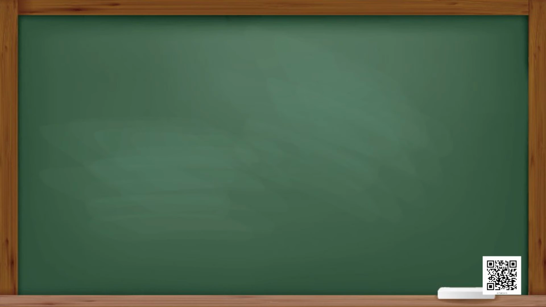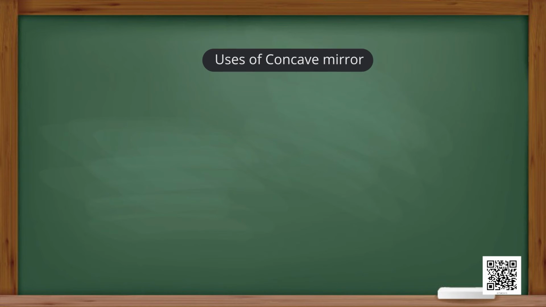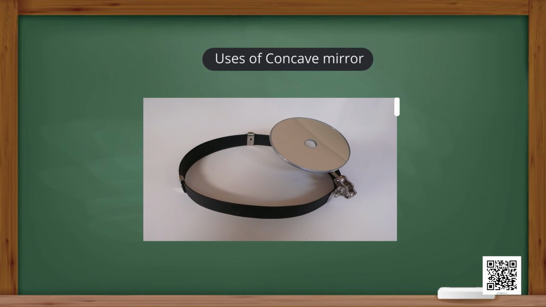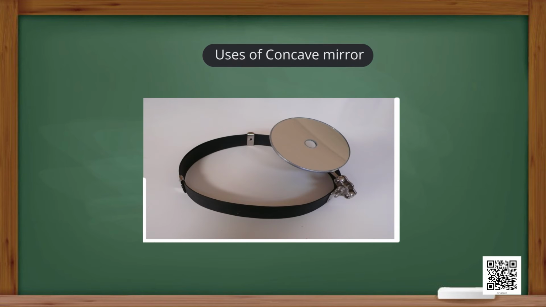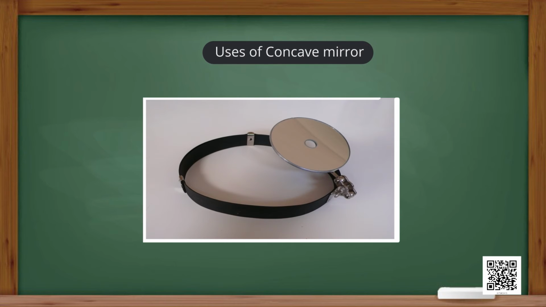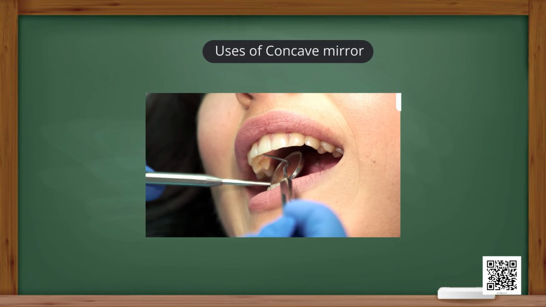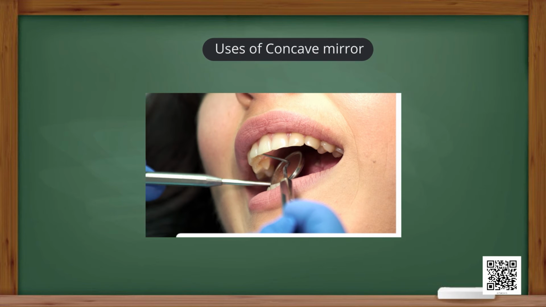Dear children, now let us see some uses of concave mirrors. Doctors use concave mirrors for examining eyes, ears, nose and throat to get magnified images of these organs. Concave mirrors are used by dentists to see the large image of the tooth of patients.